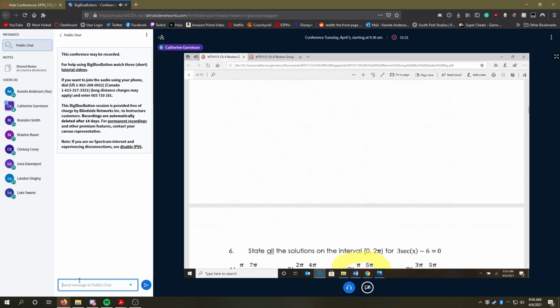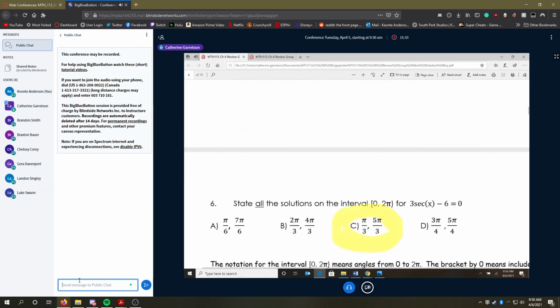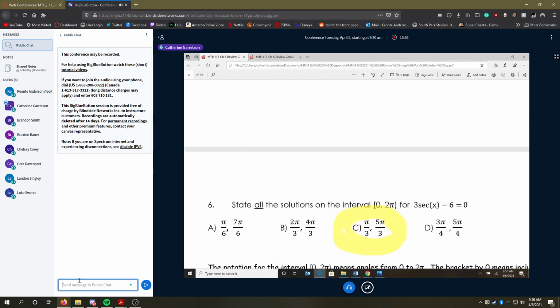All right, so state all the solutions. Now, this was the degree 1 trig equation that I'm first going to try to isolate because it's not a secant squared. It's just a single trig function, and it's a degree 1, no exponent. I'm going to isolate my secant first.